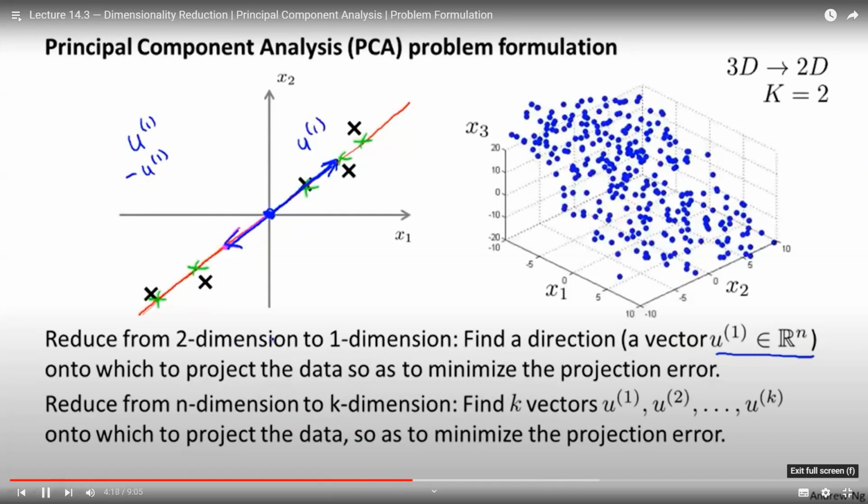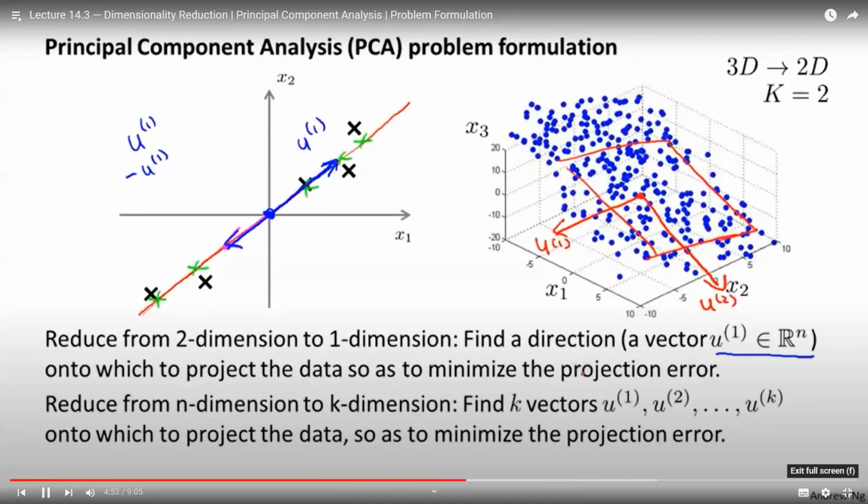If I have a 3D point cloud like this, then maybe what I want to do is find a pair of vectors, and I'm going to call these vectors, let's draw these in red, starting from the origin, U1, and here's my second vector, U2. Together these two vectors define a plane, or a 2D surface, onto which I'm going to project my data.